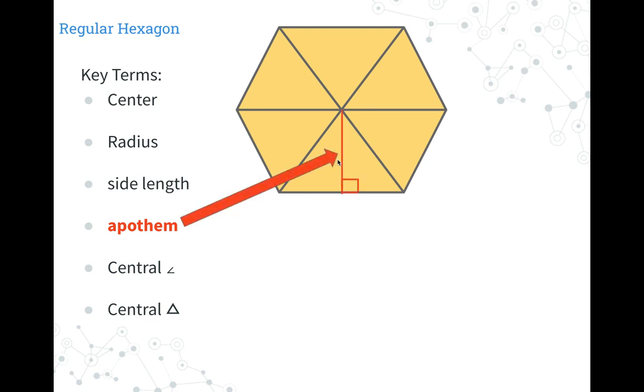Okay, and there is the apothem. The apothem, again, is the line segment that goes from the center directly to the side. And when I say directly, I mean in perpendicular fashion. Okay, and take a moment to examine this diagram and convince yourself that this is not going to be as long as a radius. It's going to be shorter.